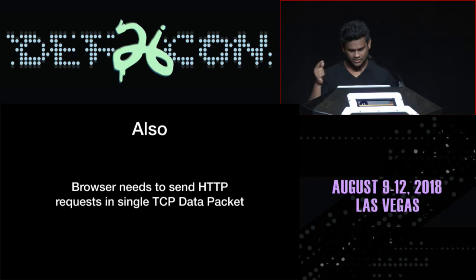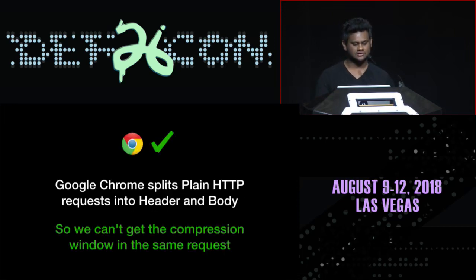We can talk about this more in detail later, because I believe that is the evolution of this class of attack, where more research work can be done. Also, the way your browser sends HTTP requests matters in this context. The reason I couldn't use Google Chrome here was because when you send a POST request, which is required for this attack on OpenVPN, Google Chrome, for some reason, split the HTTP request and body into two different data packets.